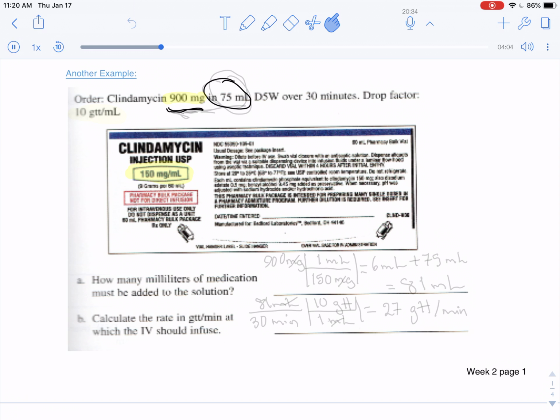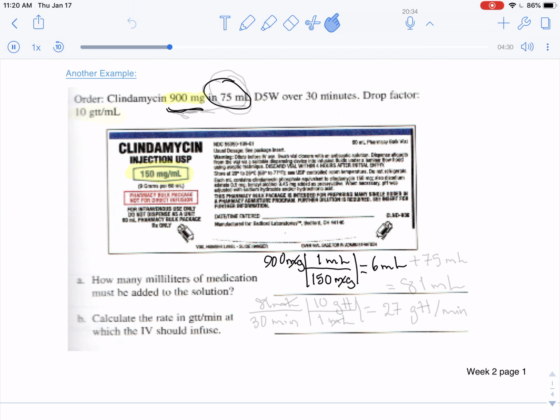So we're going to get the 900 and convert that to milliliters. And there are 150 milligrams in 1 milliliter. And then the milligrams cancel out, and we are left with 6 milliliters at the end.